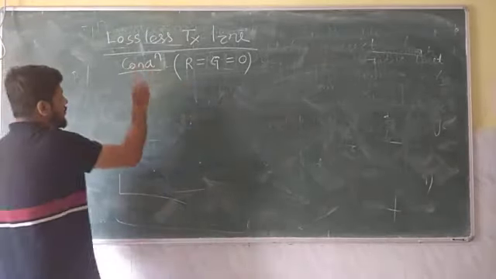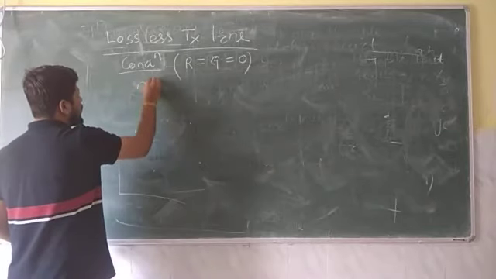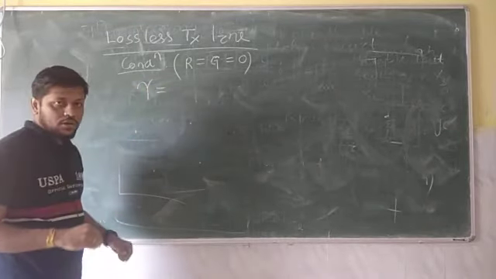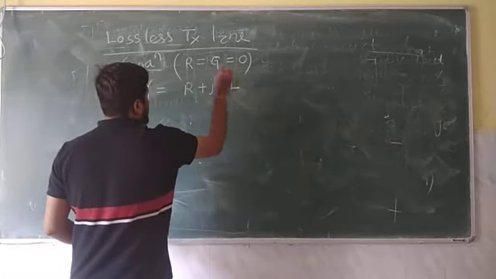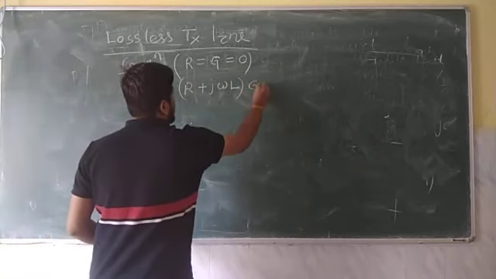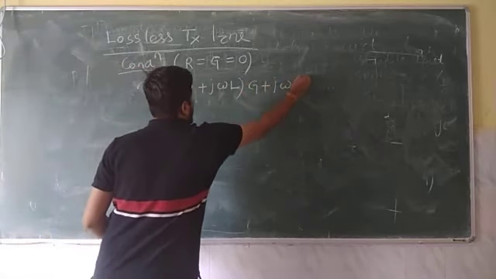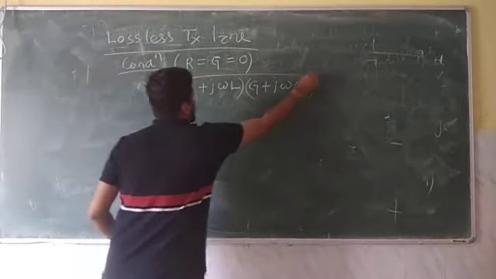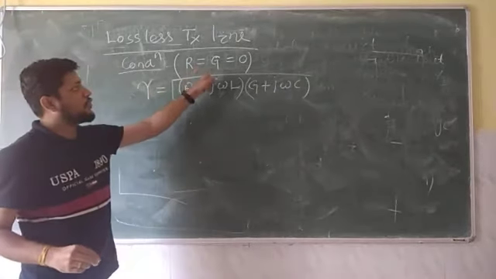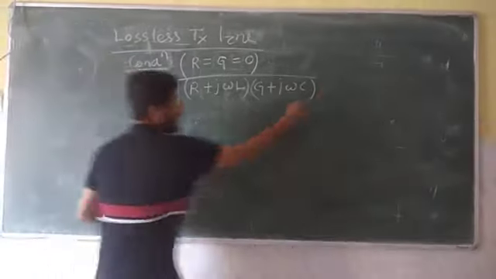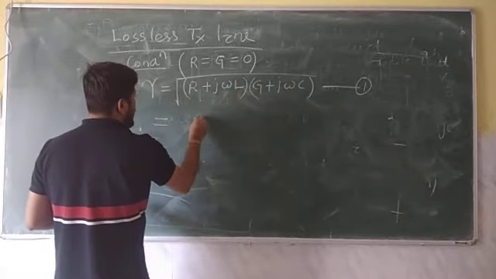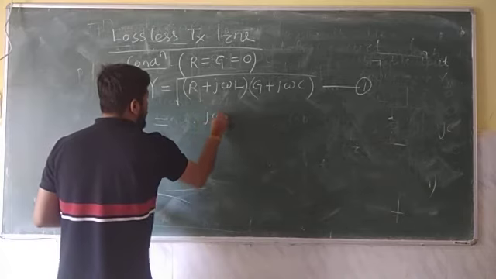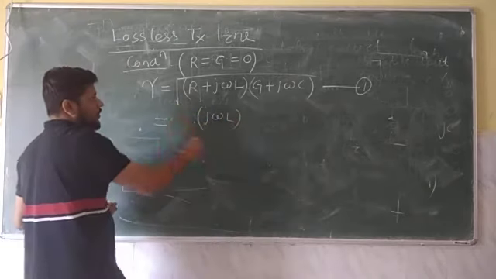So for this lossless transmission line, what is the value of gamma? Now we are going to calculate the gamma value. As we know, gamma is root over (R plus j omega L) whole into (G plus j omega C). Now put the value of R is equal to G is equal to 0 in this equation 1. Then we have root over (j omega L) into (j omega C), because R is 0 and G is 0.